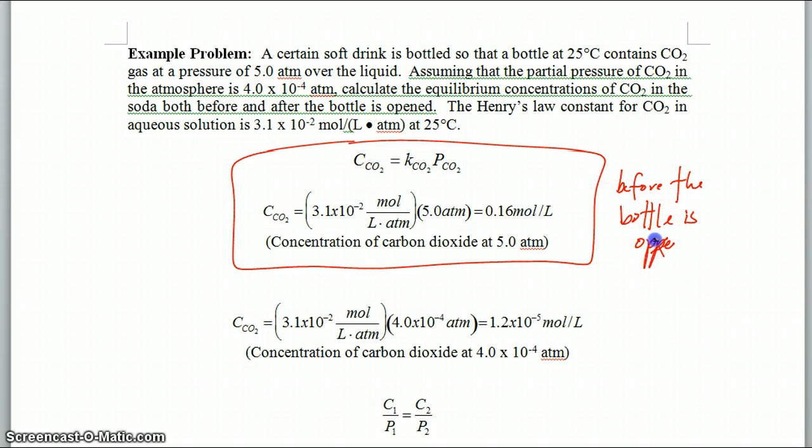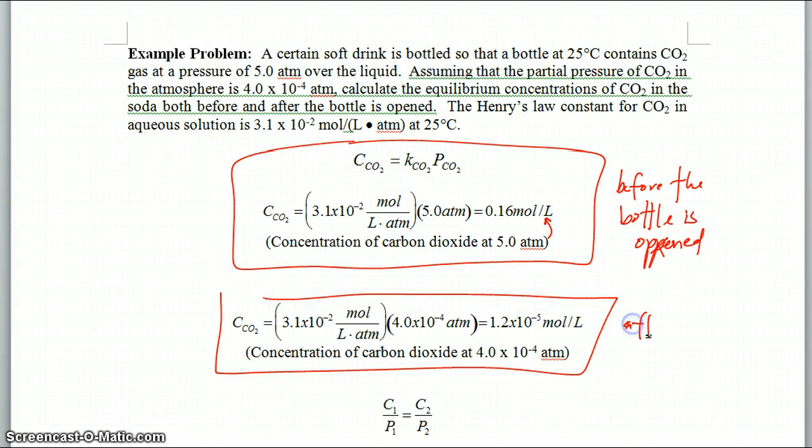We have a constant that we're given, and then we're simply multiplying by the pressure before the bottle is opened, and that tells us the concentration of our carbon dioxide before the bottle is opened. Then we do the same thing for after the bottle is open. We find the concentration of the carbon dioxide, and as we would expect, it's substantially lower.